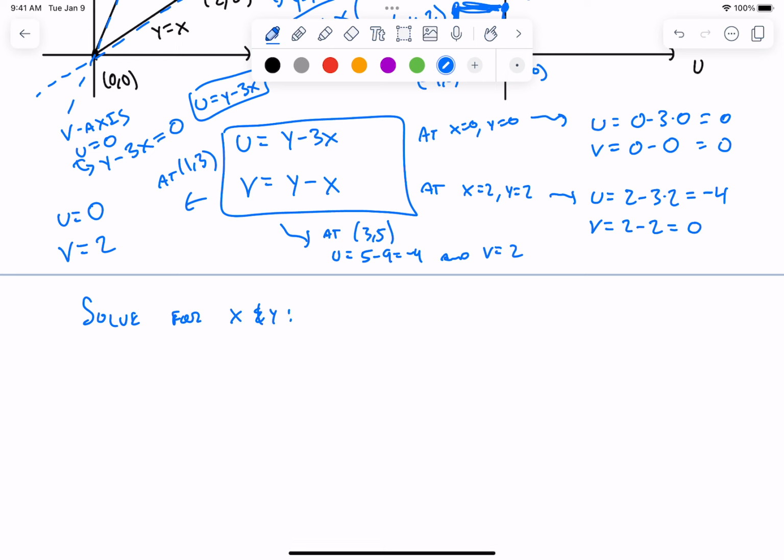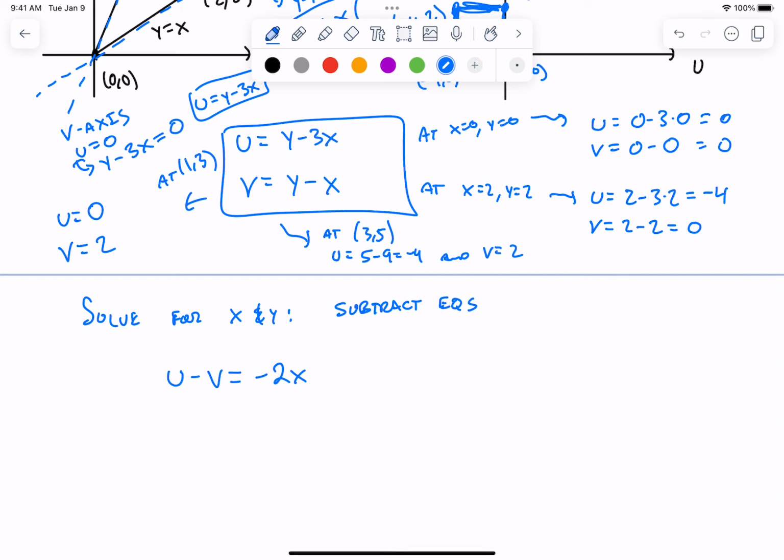Right, so like that bottom equation, I could add x to both sides to get that y equals v plus x. And then I could sub that in. Wait, let's see. Oh, here, no. Sorry, easier thing to do. Just subtract the equations, right? Because that'll cancel y. So we get u minus v equals, then the y's cancel, and then I get -2x.